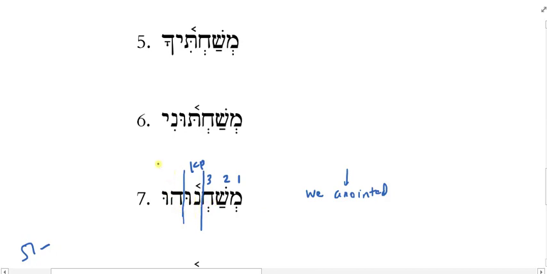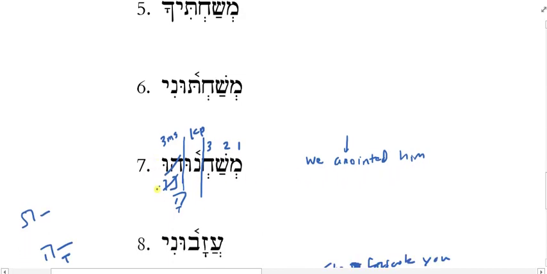And then which direct object pronoun is hu? Third masculine singular. Okay, so this is we anointed him. Good. So let me change this from mashachnuhu to mashachnu. What would that be? We anointed us. That's right. What about mashachnuha? We anointed her. Absolutely right. How about mashachnukha?